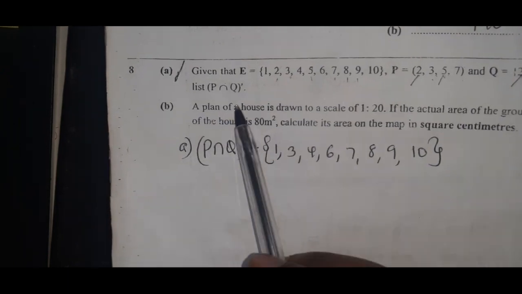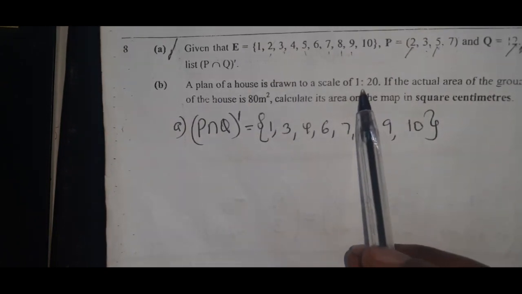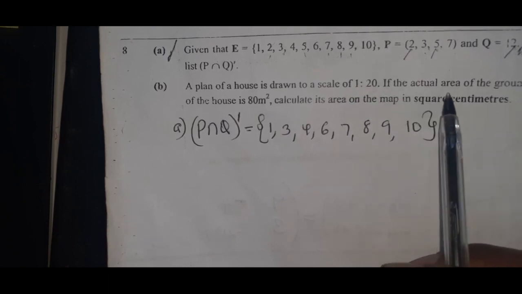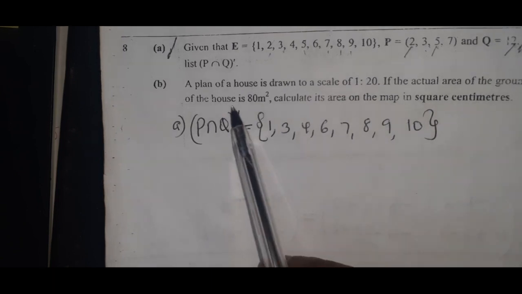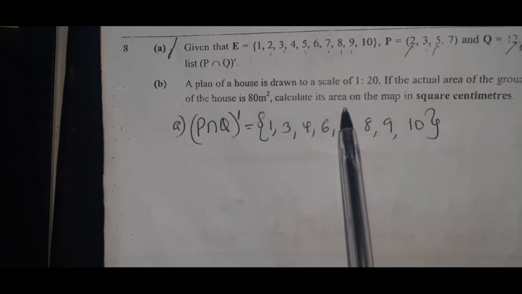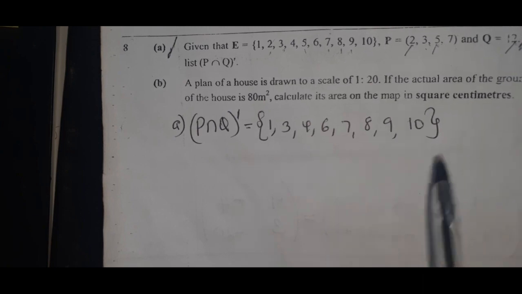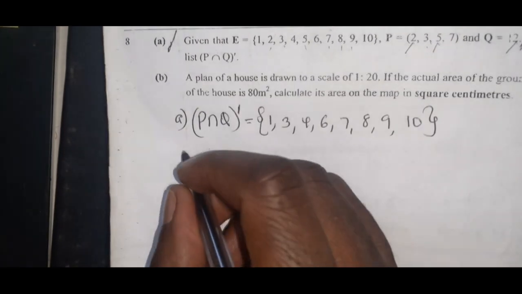It says, a plan of a house is drawn to a scale 1 to 20. If the actual area of the ground floor of the house is 80 meters squared, calculate its area on the map in square centimeters. Okay, so this is what we're supposed to do.